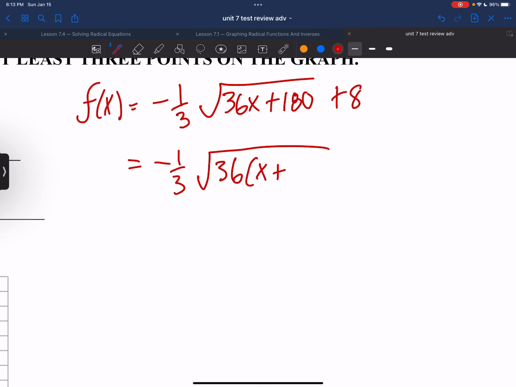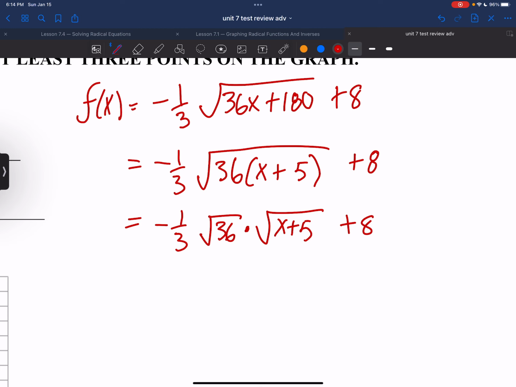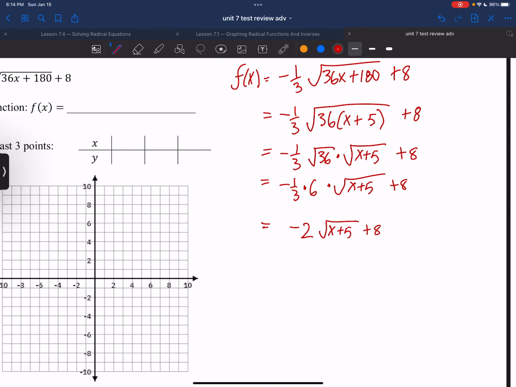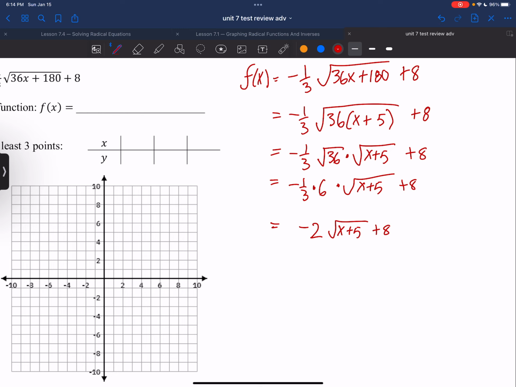Half of 360 is 180, so that's a 5. 36 times 5 is 180. Which means you can separate this now as root 36 times root x plus 5 plus 8. Of course, the square root of 36 is 6. And now negative 1/3 times 6 is negative 2. And then I've got my root x plus 5 plus 8, like so. And that is as simplified as it gets.